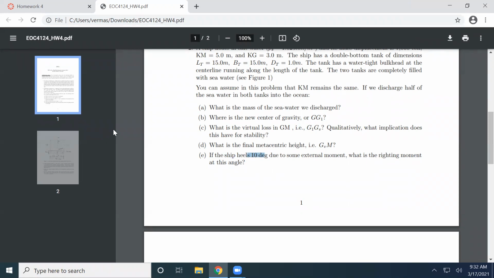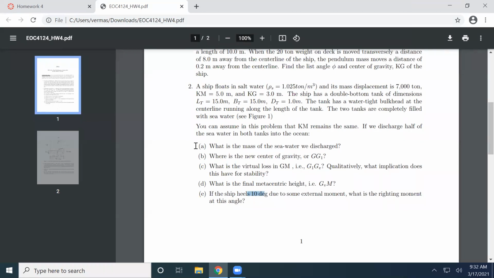I had a question on problem 2 also. What do you mean by G1, GV, for G virtual? What do you mean by virtual in that case? In this problem, you will have a loss in GM due to the free surface that's present.